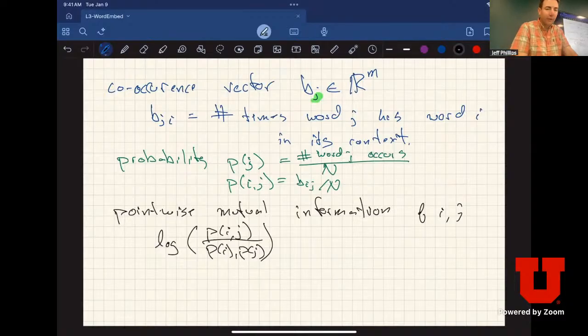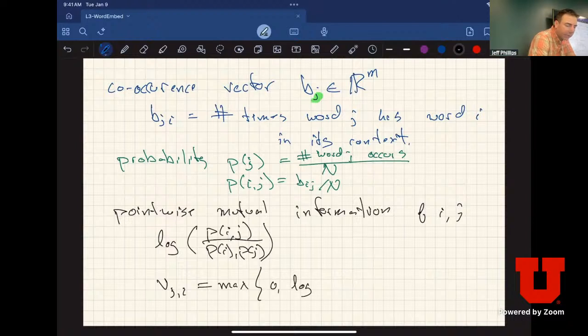Okay, and so finally, I'm going to assign a vector V_ji equal to the max of 0 and this pointwise mutual information, log of P_ij divided by P_i times P_j.